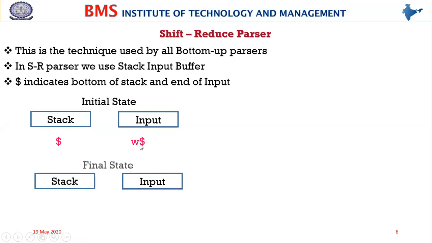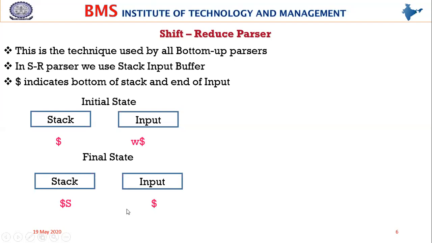Okay, the final state of the parsing is an accept state. Please observe, the stack should have the dollar followed by S, S is the start state of the grammar, and the input should be empty, means it should contain only dollar. No other grammar symbols should be there, right? This is the initial state of your parsing, and this is the final state of your parsing, a successful parsing.